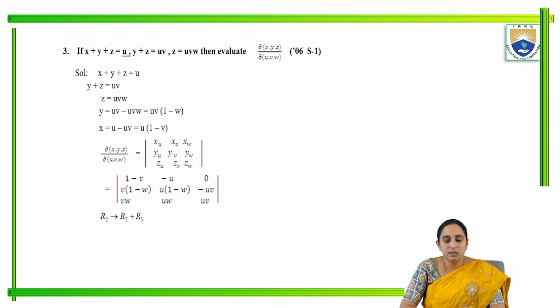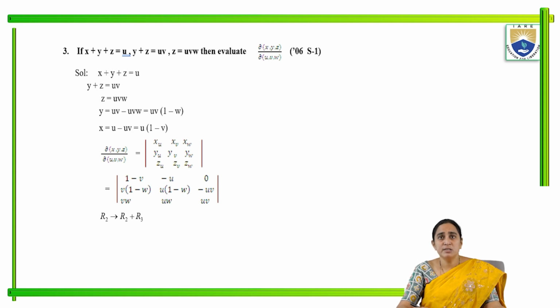And similarly, the third one: if x plus y plus z is equal to u, y plus z is equal to uv, z is equal to uvw, then evaluate dou of xyz by dou of uvw. For any question, first we have to observe what they are asking. Here we have to evaluate xyz values with respect to uvw.